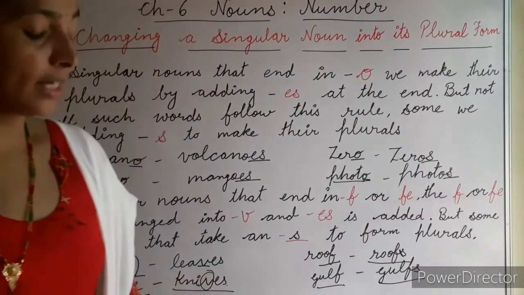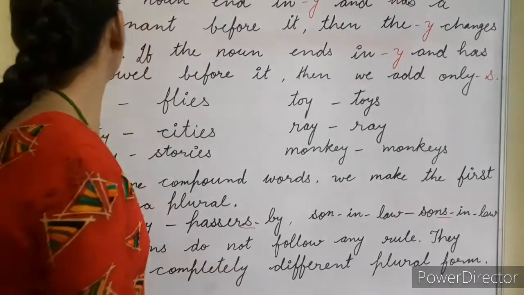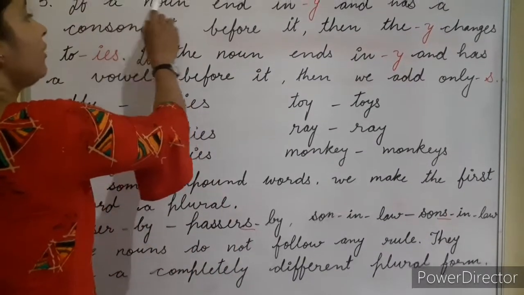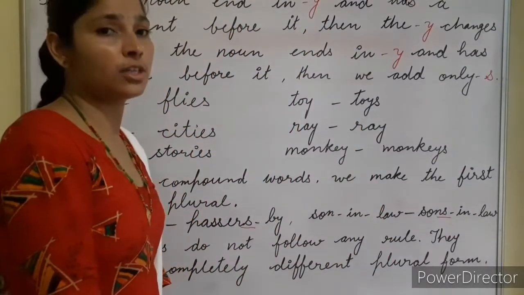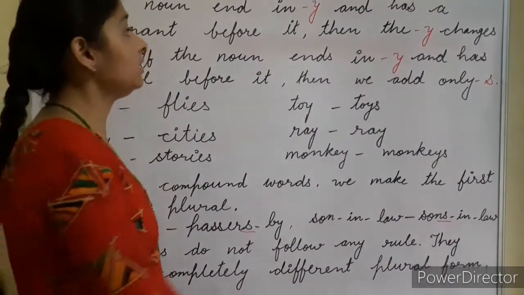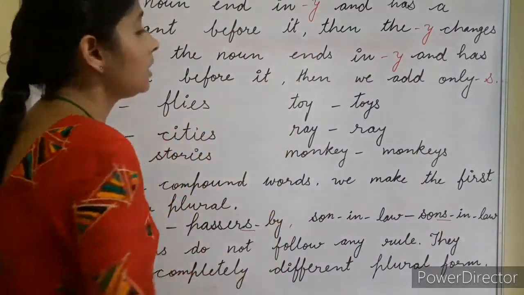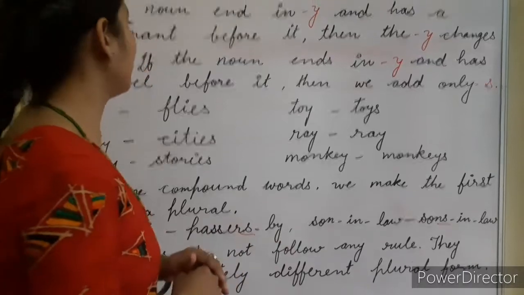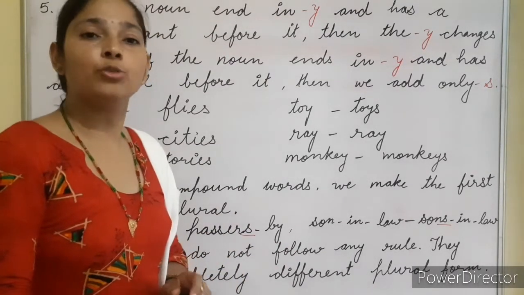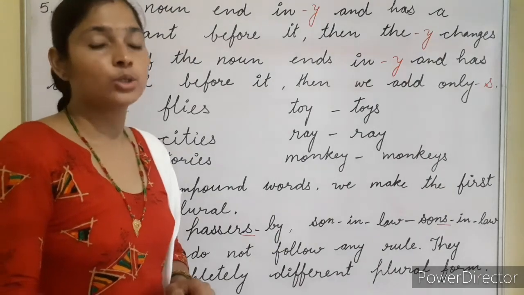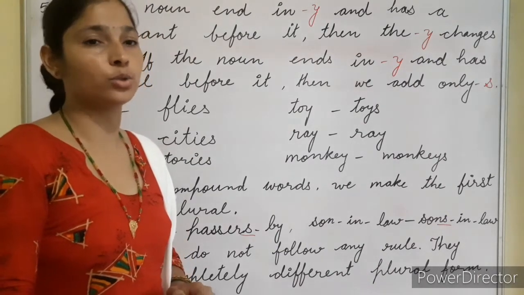Okay students, next is rule number 6. If a noun ends in y. If a singular noun ends in the letter y and has a consonant before it, then the y changes to ies. Consonant, students, you know there are 26 letters in English. 5 are vowels and the remaining 21 are consonants.